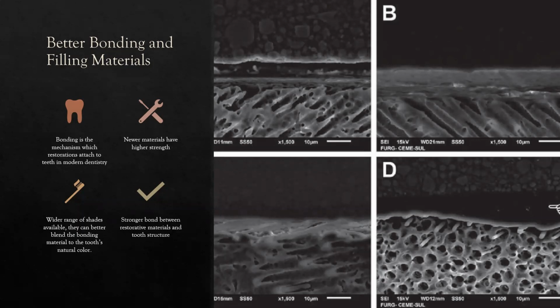Now I'm talking about the tooth-colored fillings, because the amalgam fillings have lost a lot of their appeal because of concerns of mercury and mercury release, even though most studies, like real good studies, show that the mercury release is very little and doesn't drastically impact the health of patients.